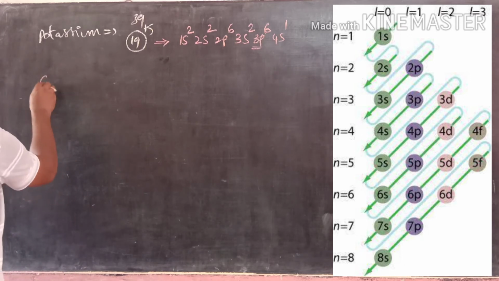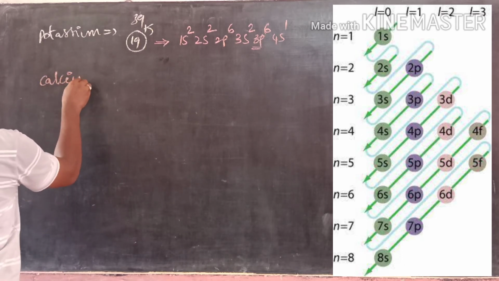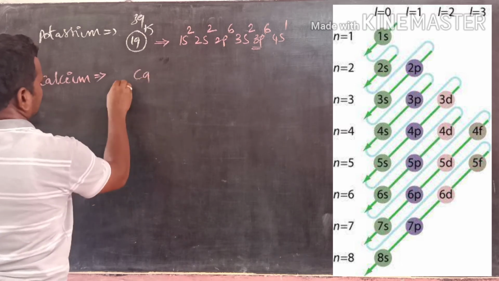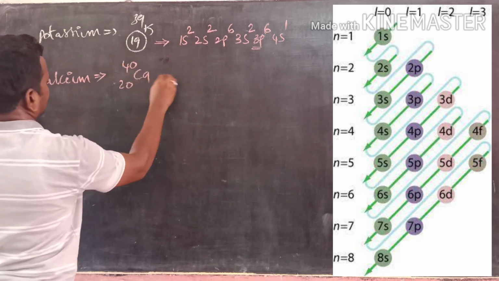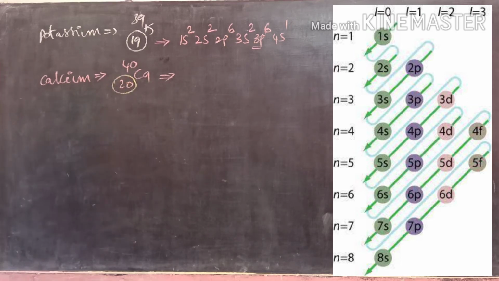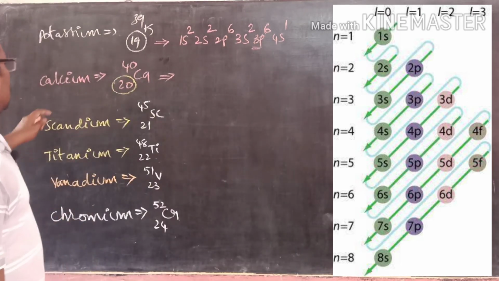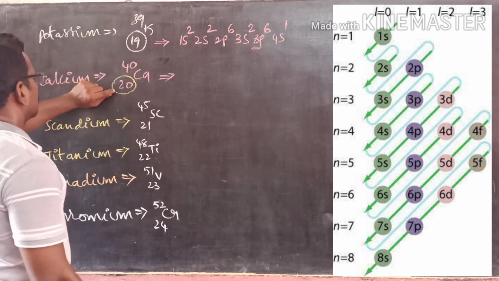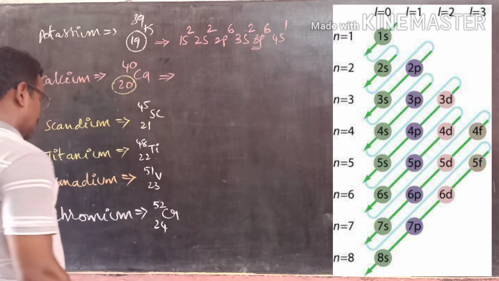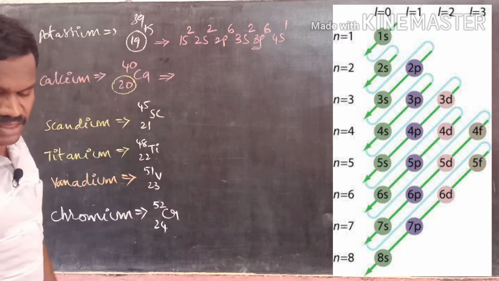Now the next element is calcium. The general representation is Ca 20 40. From this we can understand that the atomic number is 20. So it contains 20 electrons.